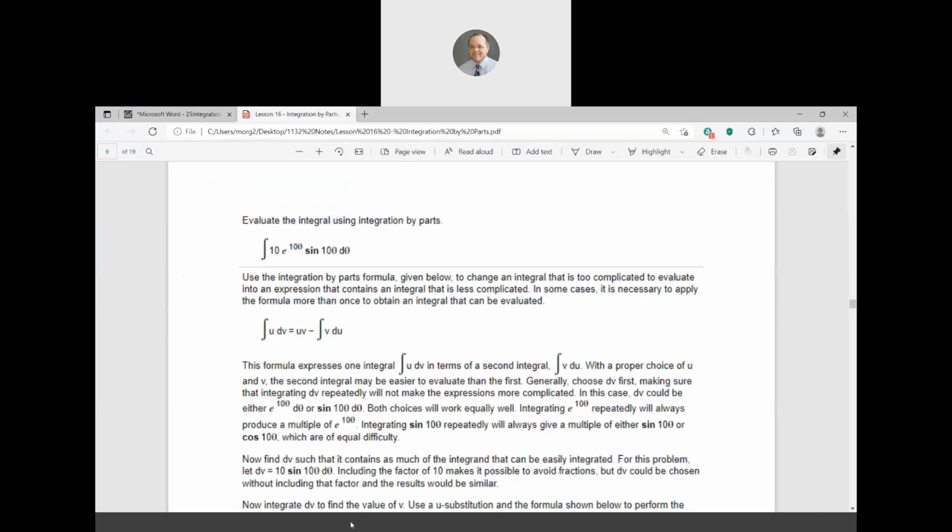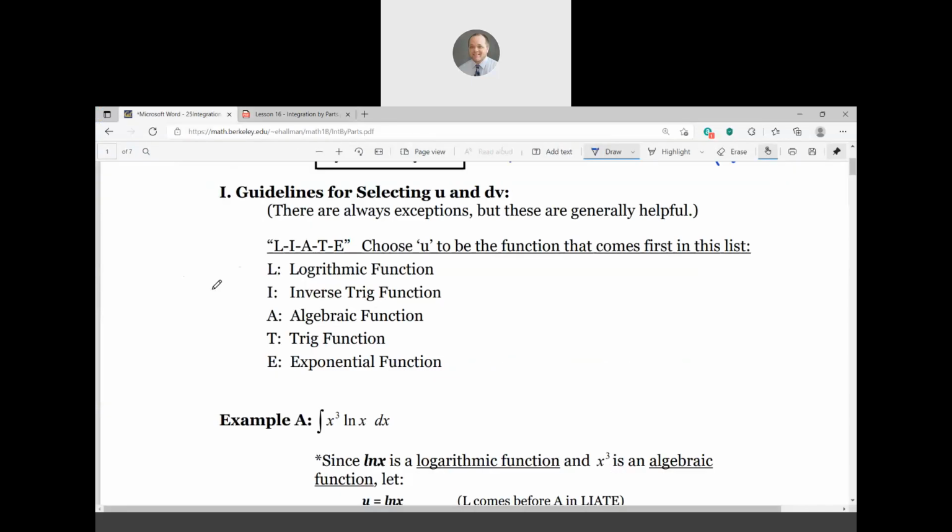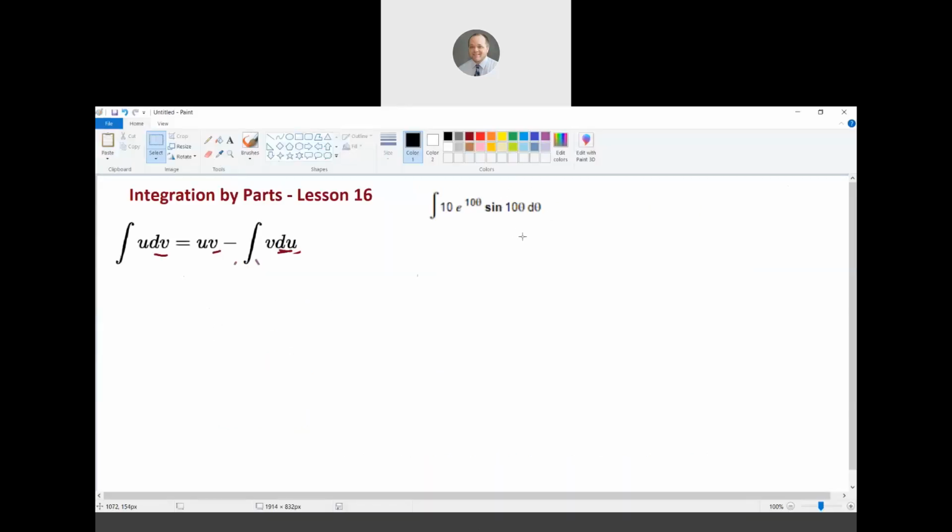Okay, I need to go back to my handy mnemonic chart here. Trig function is slightly over exponential function. So we'll let the trig function be our u. So here we go. We'll let u equal sine of 10 theta.